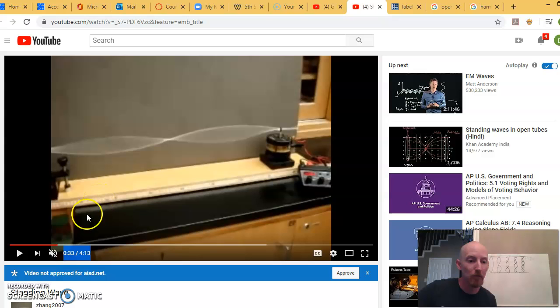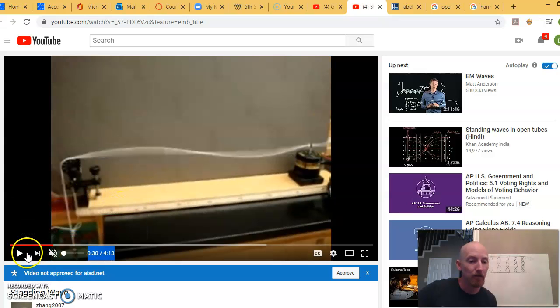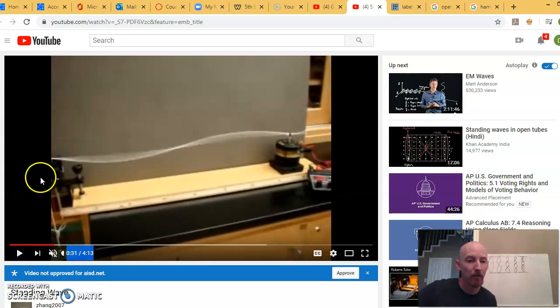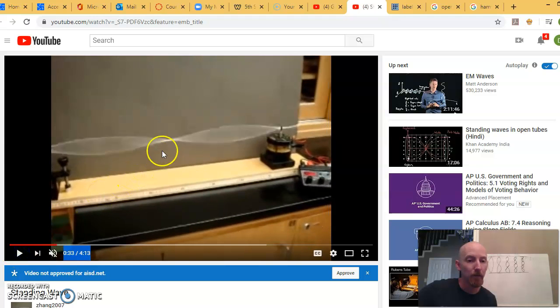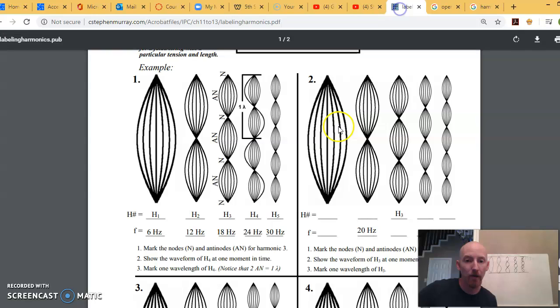And there are actually three places on this trapped string that don't move. Over here, and right here. So you have these three places. And so these are called nodes, where the string doesn't move. Those are called nodes.